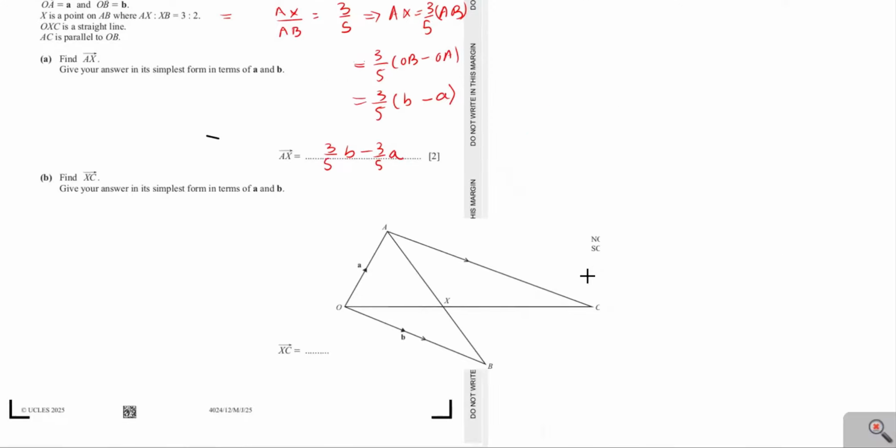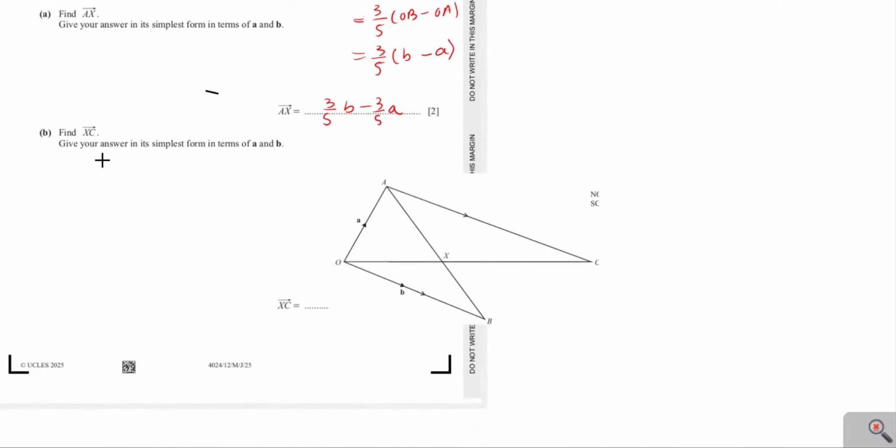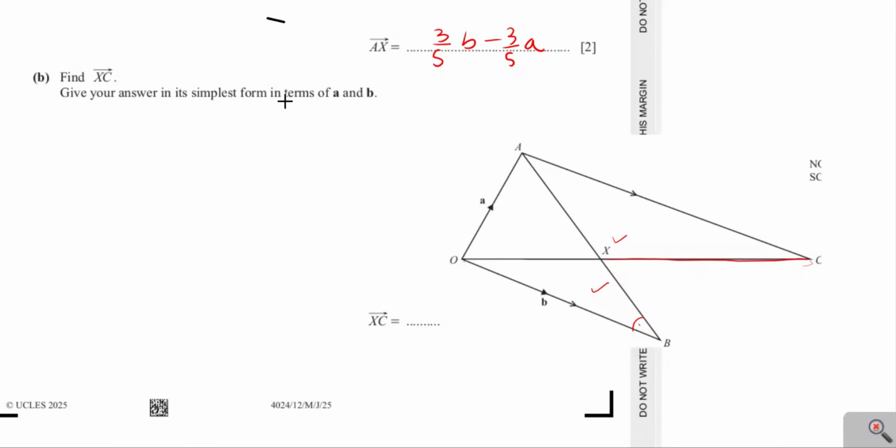Next part b, find vector XC. Give your answer in the form of a and b. Look here, this is the XC vector, and look here, here are two triangles AXC and OXB. These two triangles are similar because these two lines AC and OB are parallel.